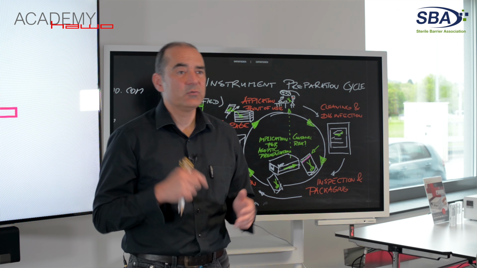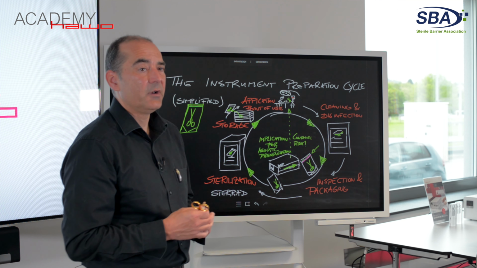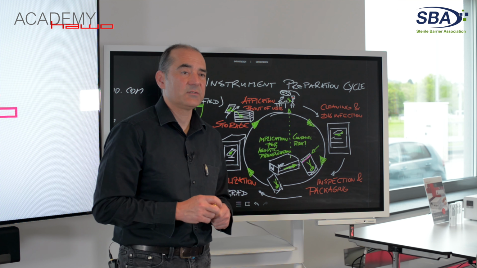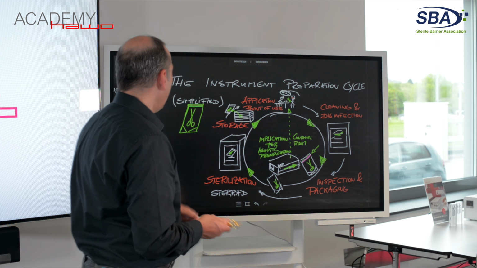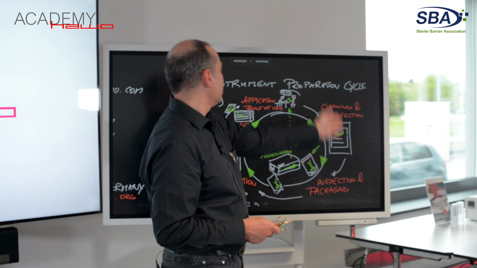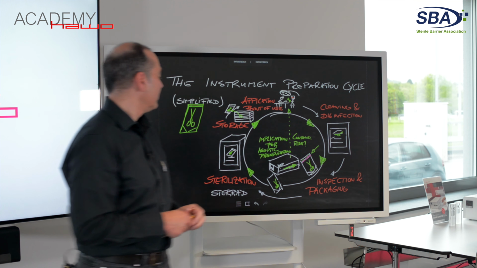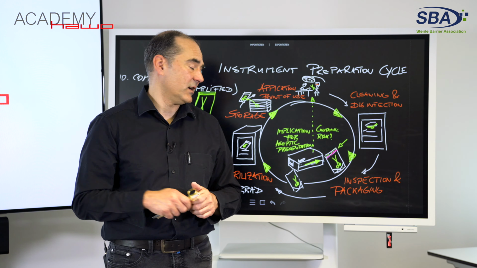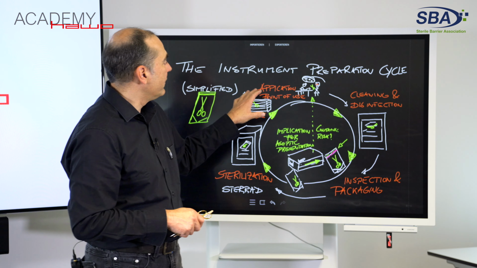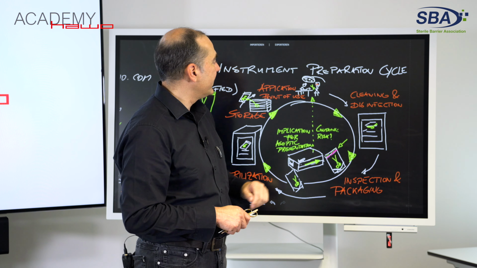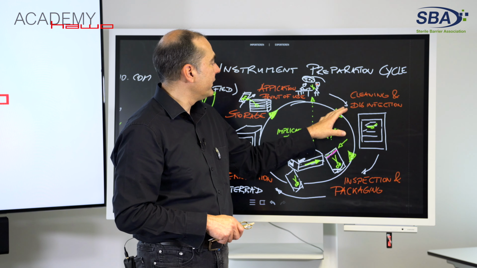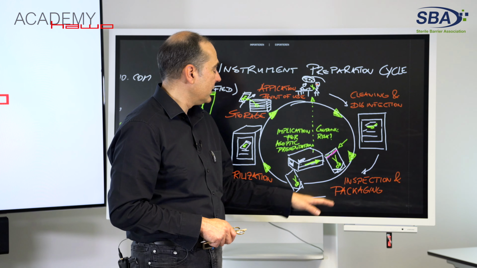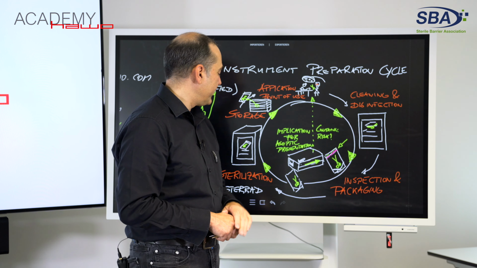To start things off, we'll be looking at an example, a simple medical product, and to come back to our initial notion, to explain a little bit more on packaging and sealer technology, I prepared for you a simplistic version of the instrument preparation cycle. From the point of use, up here, we go via cleaning, disinfection, inspection, and packaging.